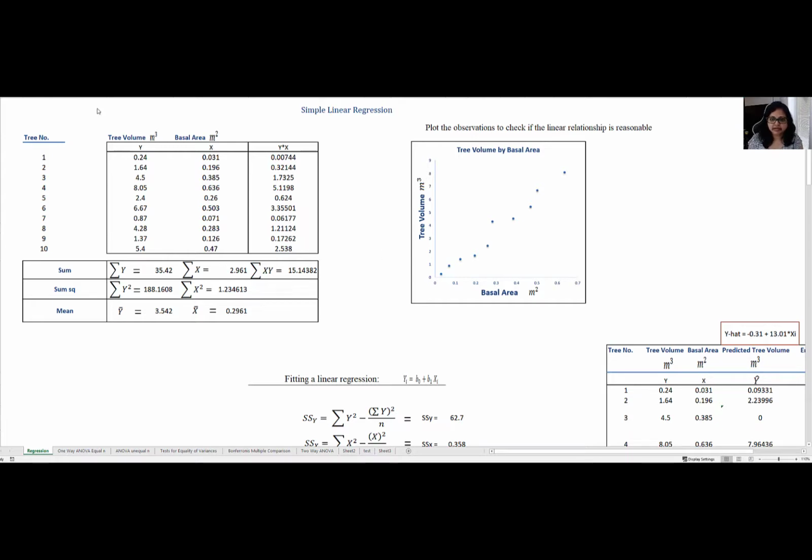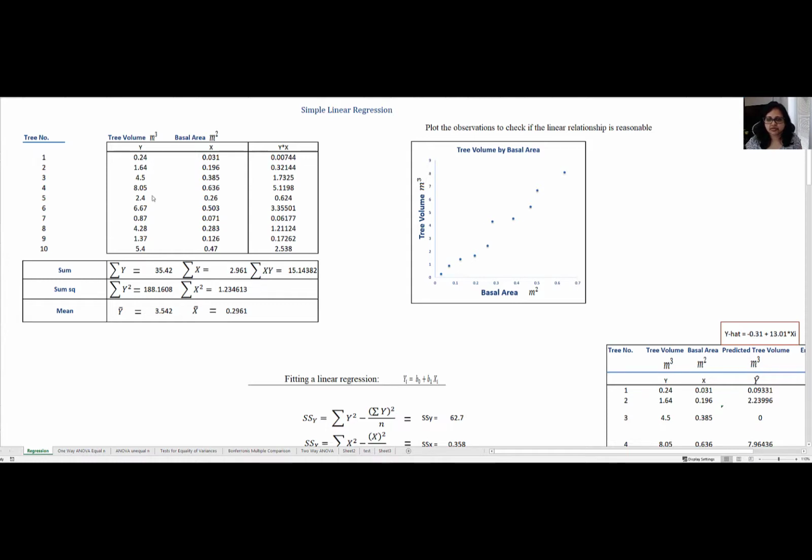Just like the ANOVA example I gave you, I first calculated all of these, so that whenever I do a complicated analysis or a much bigger calculation, I don't need to calculate it again and again. This is how I do that, but you may have your own ways of doing it.